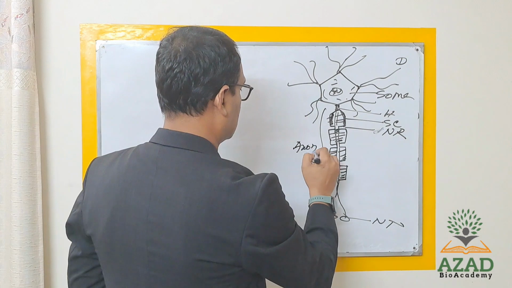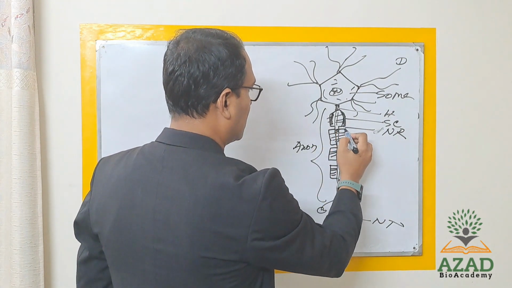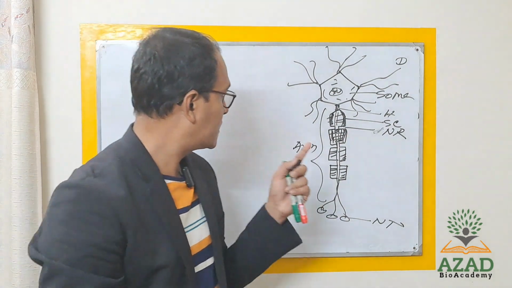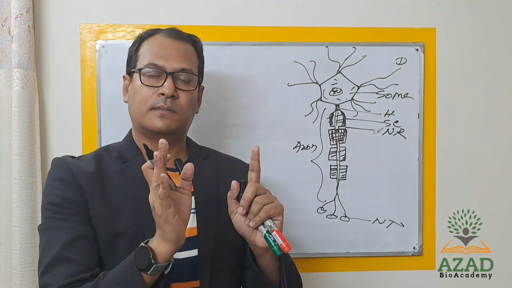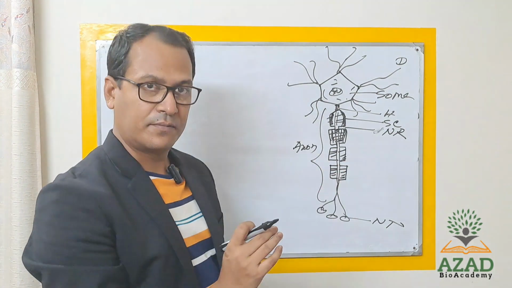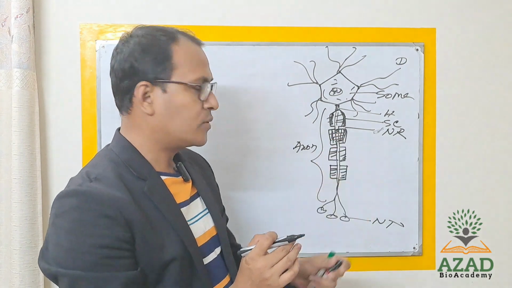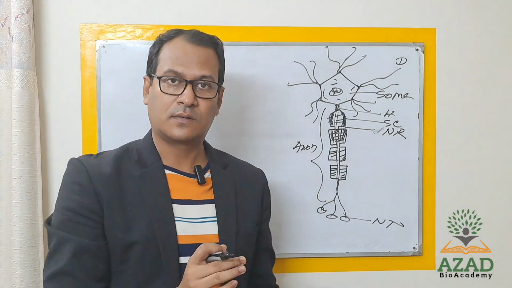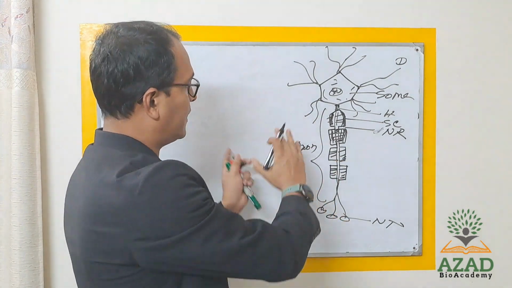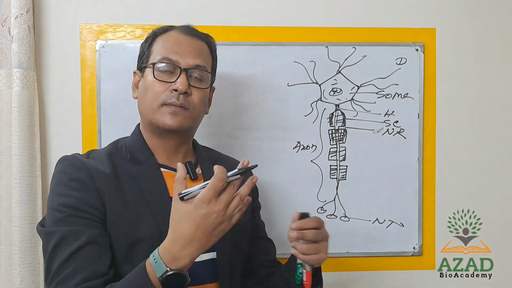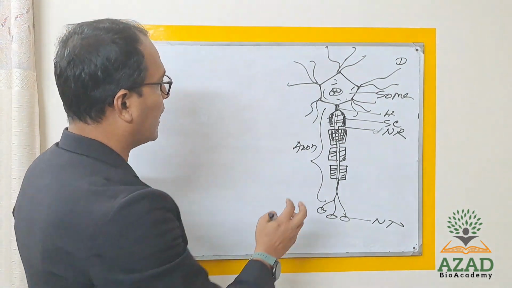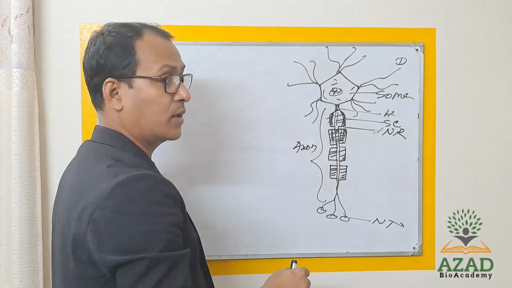The myelin sheath is made up of lipid in nature, with some proteins, but basically lipid. So it will act as an insulator. When the action potential travels, it will not be influenced by any external effects.